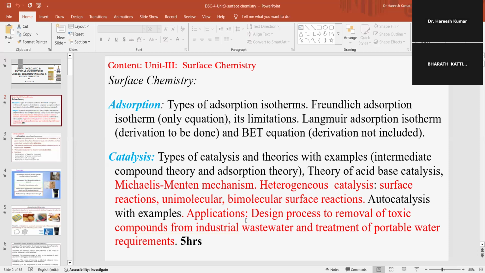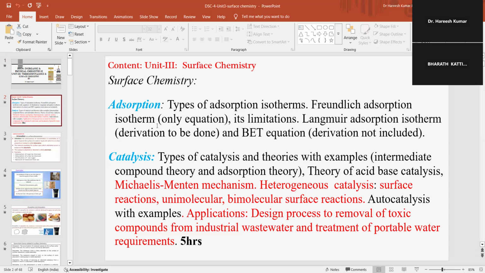We will also look into the applications, more particularly use of catalyst and its applications. And we are also discussing about this concept used in the removal of unwanted compounds from the industrial waste, and also its application in the purification of water. That also we are discussing in this chapter.